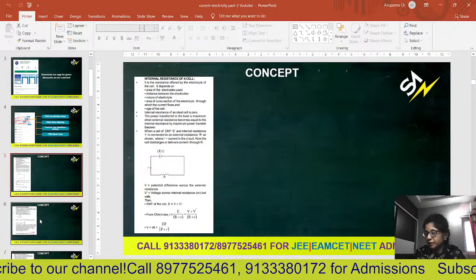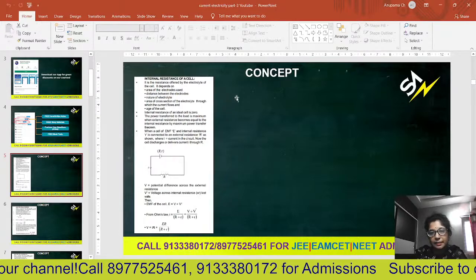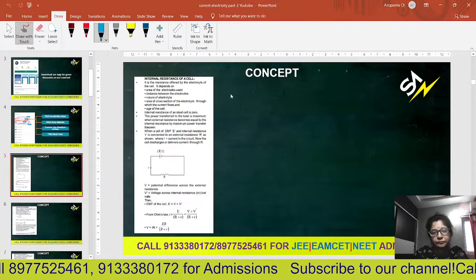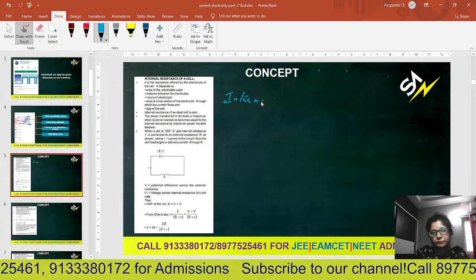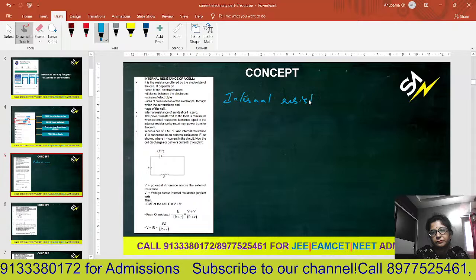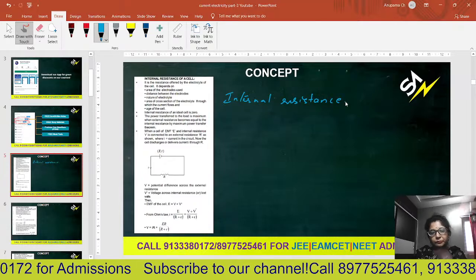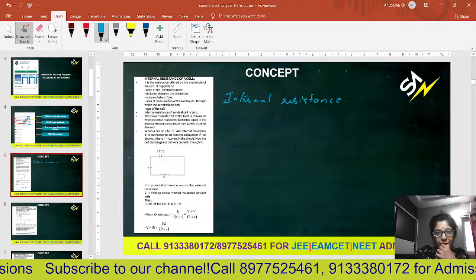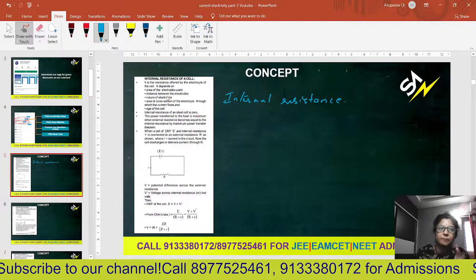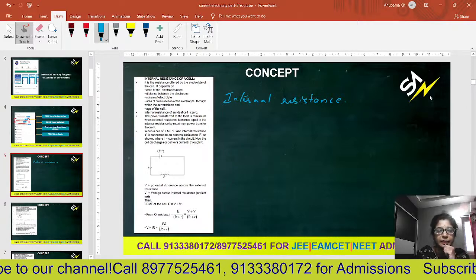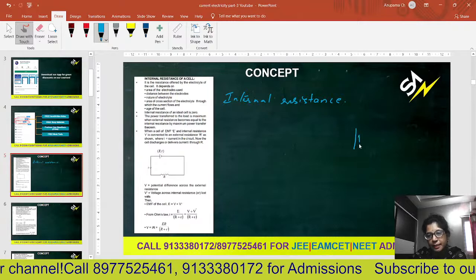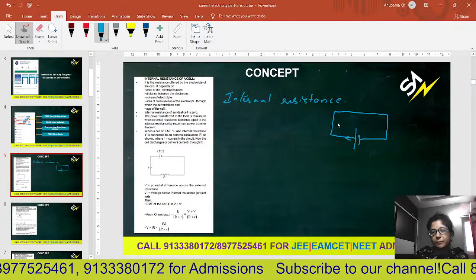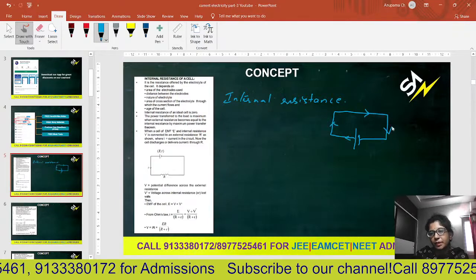So, as I told you, we are going to learn about internal resistance. What is internal resistance here? We usually learned about resistance, which opposes the flow of current in the circuit. In a simple circuit, current flows from the positive terminal to the negative terminal.